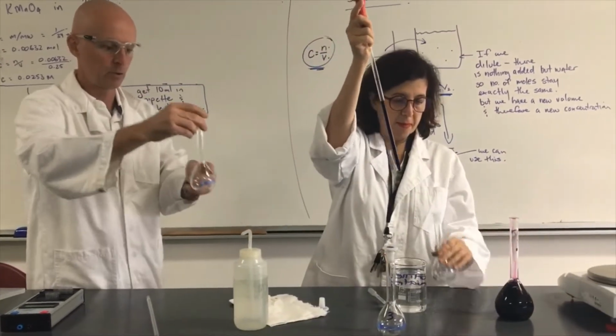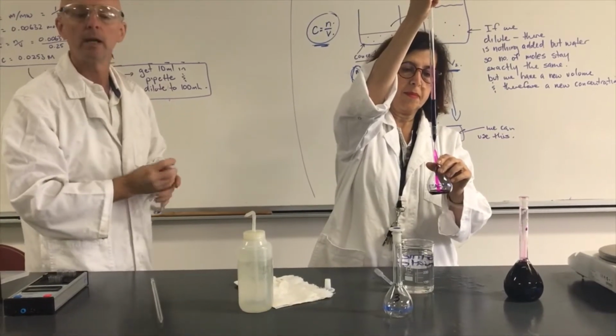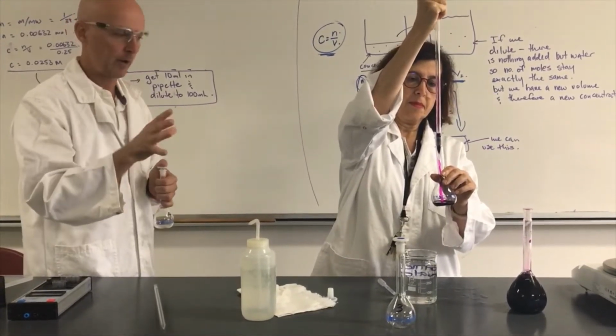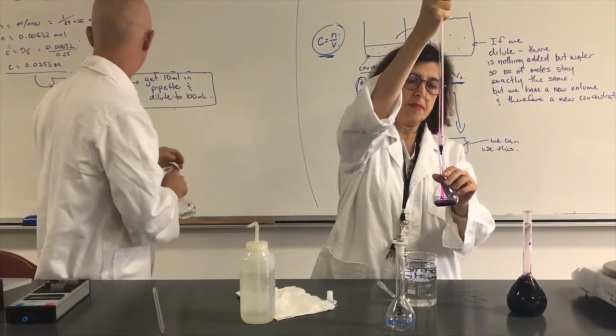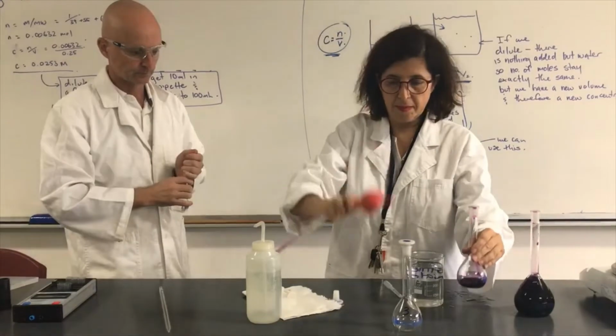Once she puts 10 mils in this 100 ml flask, that will be diluted by a factor of 10 as the prac asks us to do. So that's the step that she's going through now.